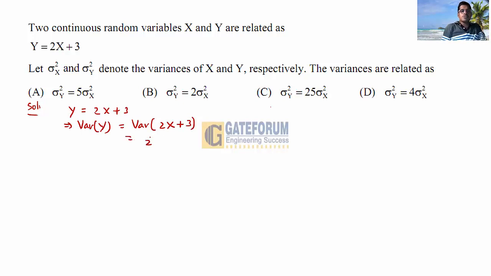This is equal to 2 square into variance of x, since by the properties of variance, variance of ax plus b, where a, b are constants, is equal to a square into variance of x.